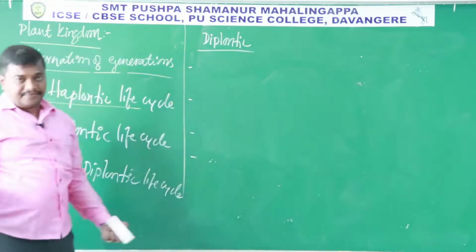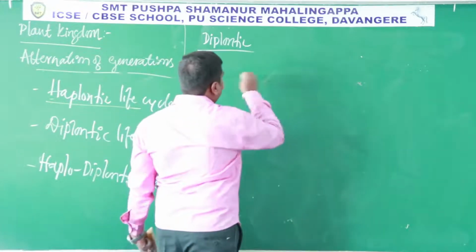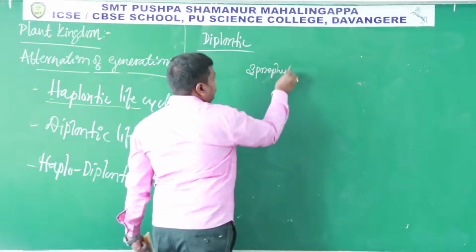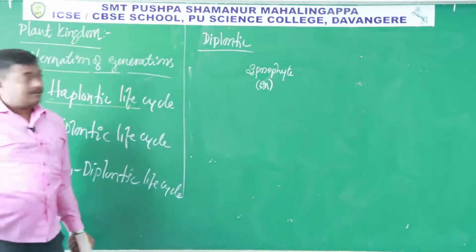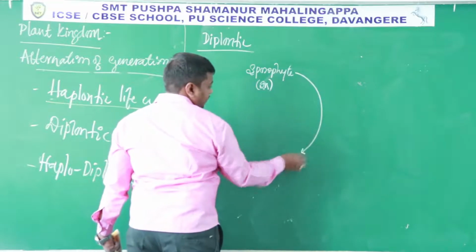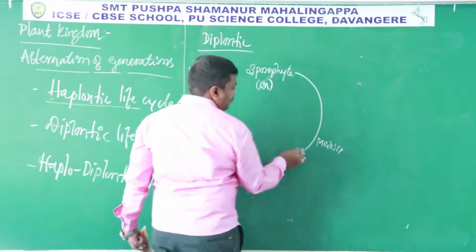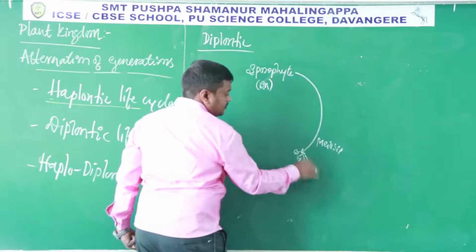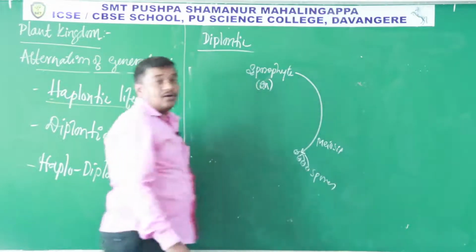Diplontic life cycle. So in a diplontic life cycle the main plant is sporophyte and it is diploid in nature. This sporophyte undergoes meiosis to form haploid spores. It produces spores.